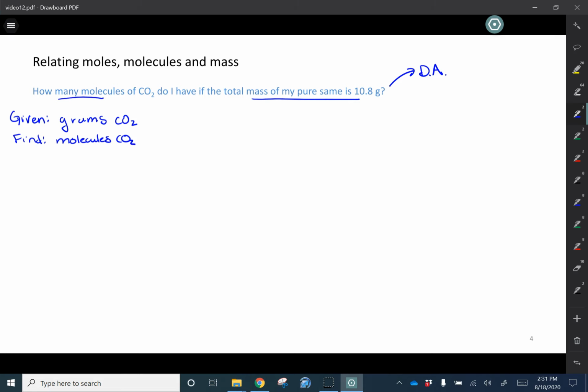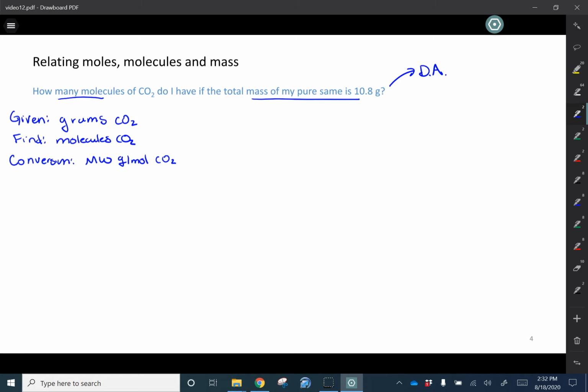So if we can think about this, we just learned molar mass. So that's likely going to be one of our conversion factors. Let's think about what that can convert between. If we have molecular weight, that's in units of grams per mole of CO2.